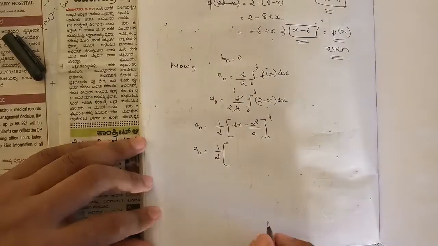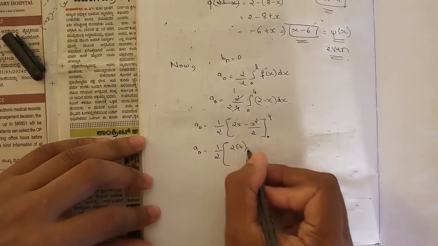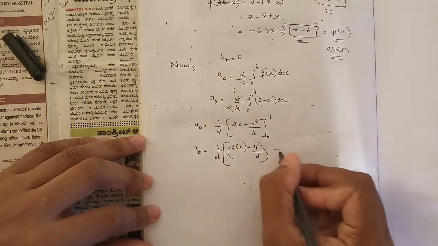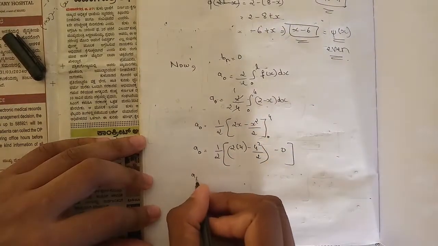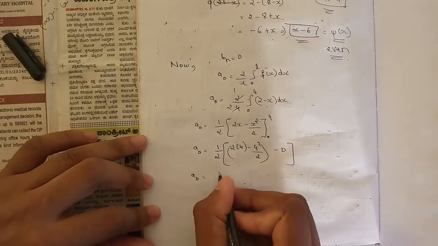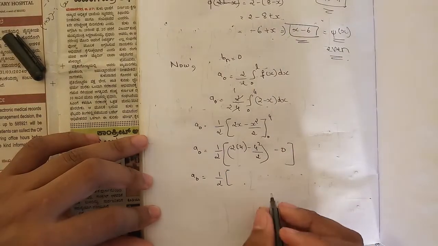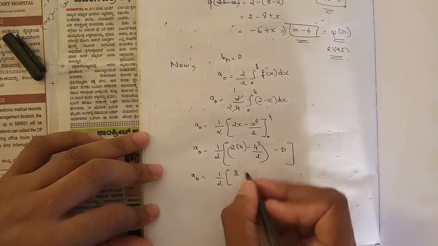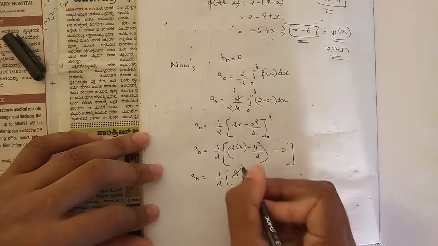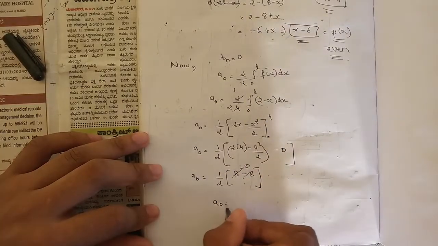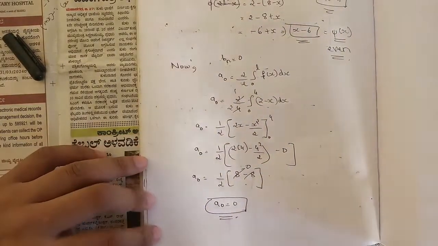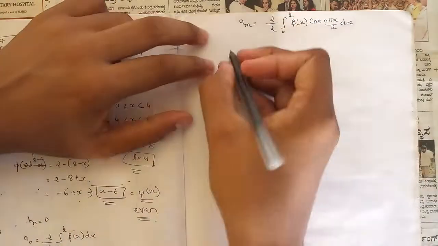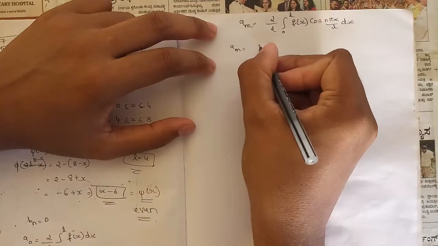Substitute the limits, 2 into 4 minus 4 square by 2 minus the lower limit is 0, so anyways I'll write it as 0. 1 by 2, 2 4s are 8, minus 4 square is 16 and 16 by 2 is 8. So 8 minus 8 is 0, so the whole term a0 will be equal to 0. So now we'll find an. Yeah, so now we'll find the value for an. Substitute the limit.